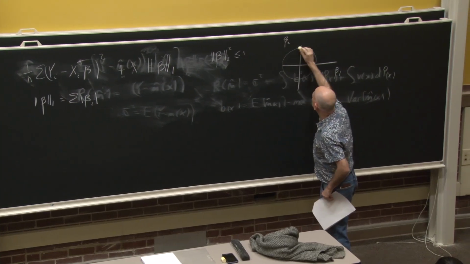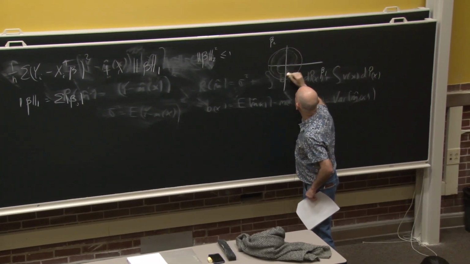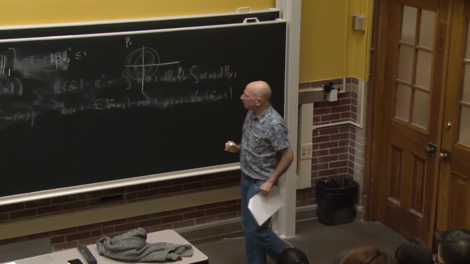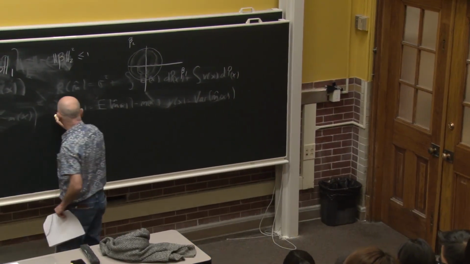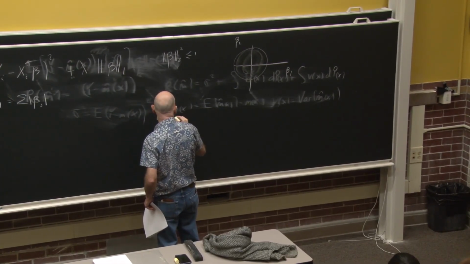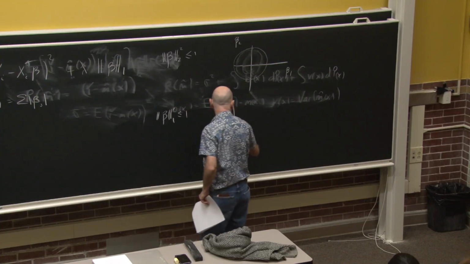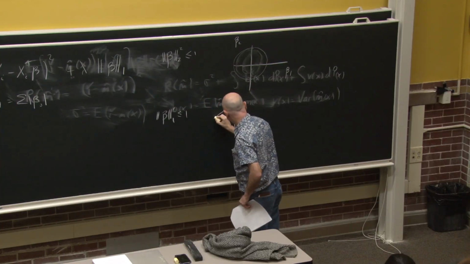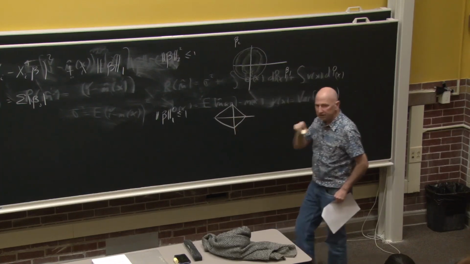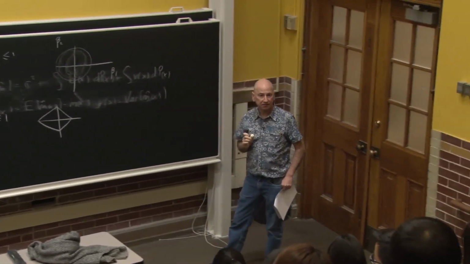That's just a sphere. If you look at the L1 norm, you get this diamond shaped thing. And notice that the neighborhood is a convex set.